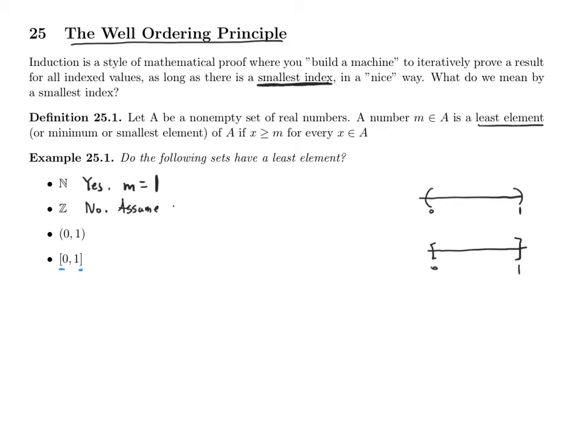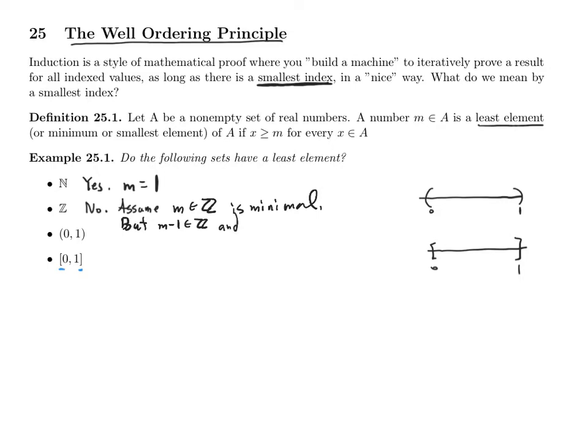Assume that we have an integer that is the minimum, so it's the least element. But if I subtract 1 from it, that's still an integer because the integers are closed under subtraction.